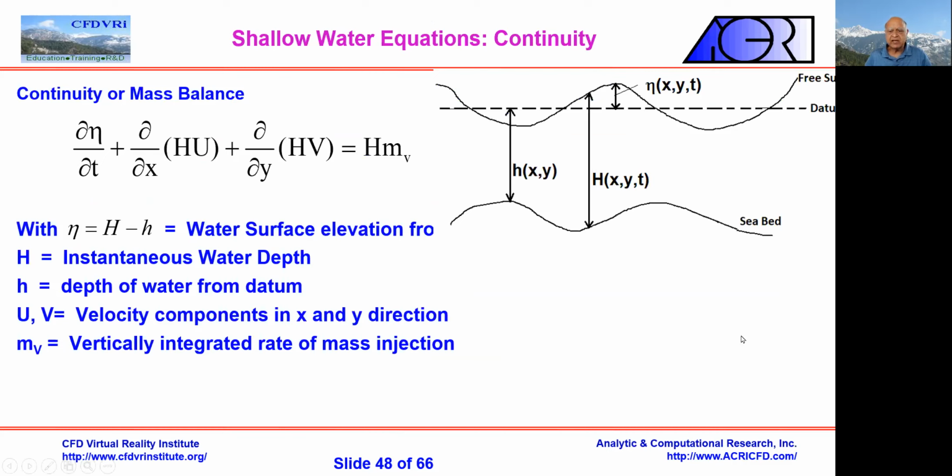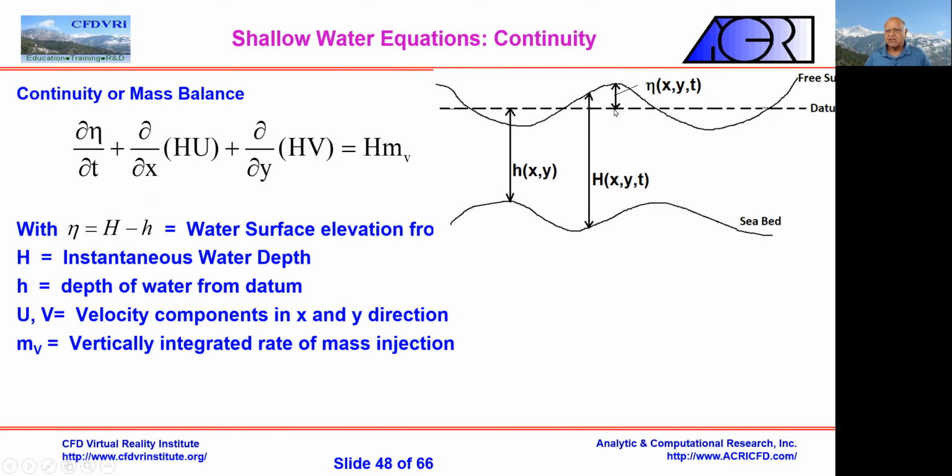Now here is how we define it. Typically, here is the sea bed, and here is the water level at any given time. So what we do is we take a datum, which is called the average sea level, and we define with respect to the datum the total height of water at any point, which is this one. And the bathymetry depth, which is called bathymetry, to the seabed, this is the seabed.